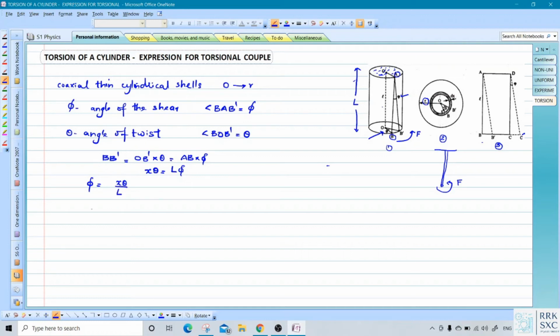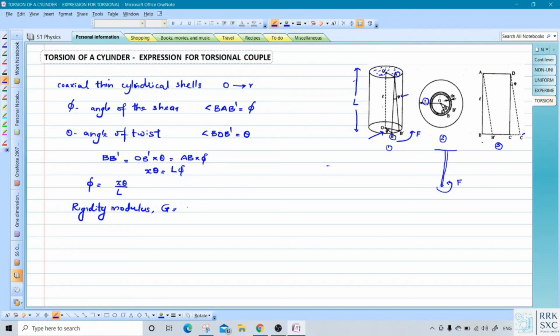Okay, so now you can write the rigidity modulus. The rigidity modulus, say N or G, so let us represent it as G, is equal to tangential stress by shearing strain. Now what is stress here?